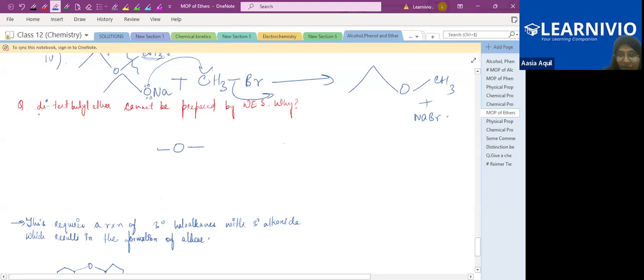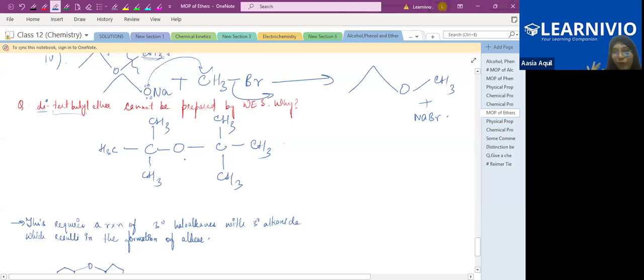So you draw tertiary butyl: a carbon with CH3, CH3, and CH3, so this is a tertiary butyl, 4 carbons. On the right side also you draw the tertiary butyl. So this is your ditert butyl ether.